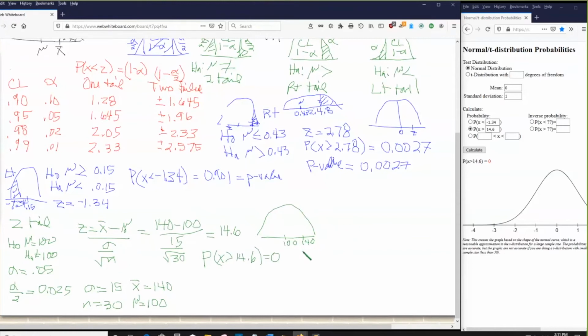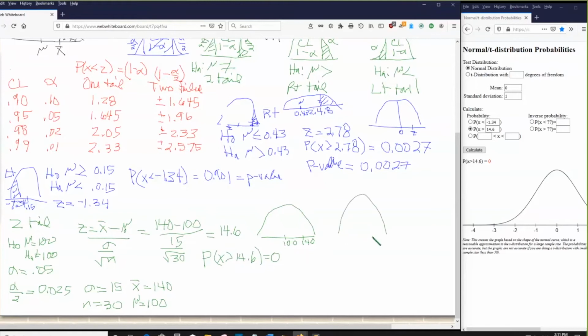We have a population mean of 100, and our sample got 140, and we want to know the probability that the mean is not going to be 100.